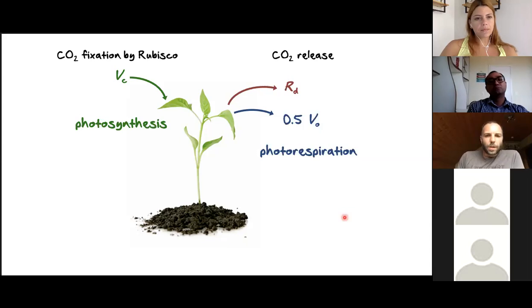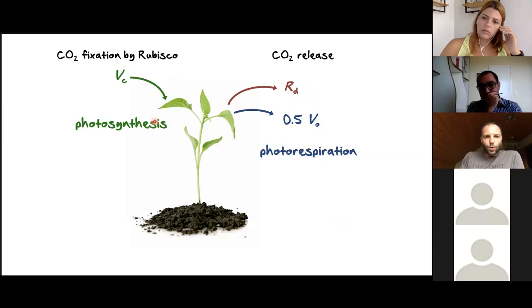So in the light, plants take up CO2 and fix CO2. This is what we usually call photosynthesis. But at the same time, the plant also releases CO2, both through respiration, which we usually call RD here, and also photorespiration.